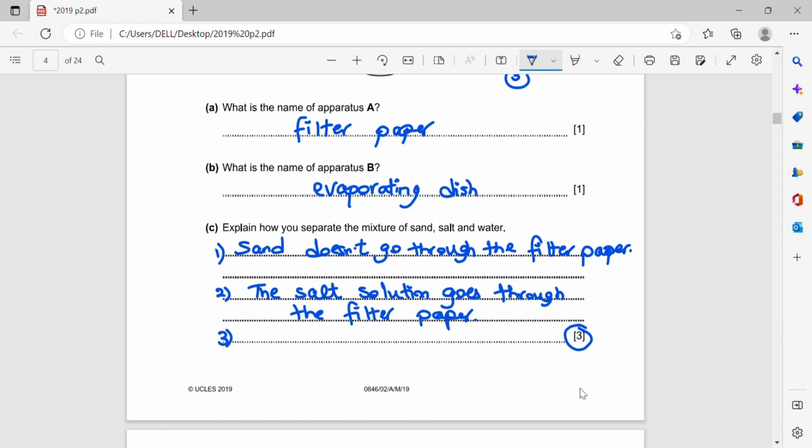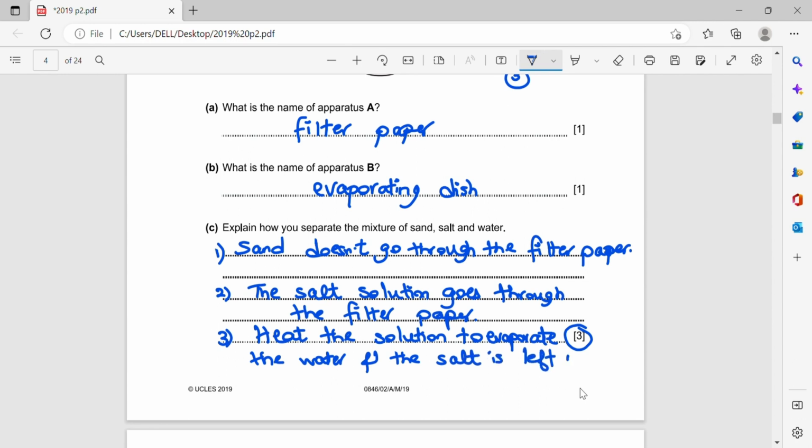Step 3, we heat the solution to evaporate the water, and the salt is left behind. So we mentioned the 3 steps, we earn the full mark.